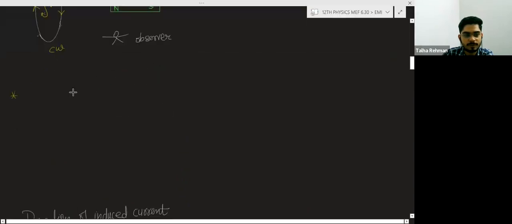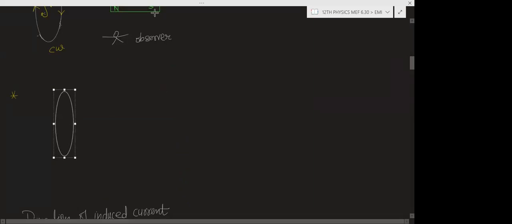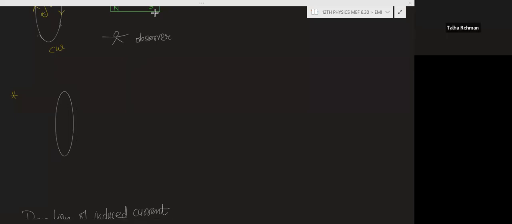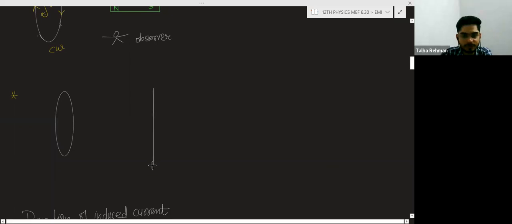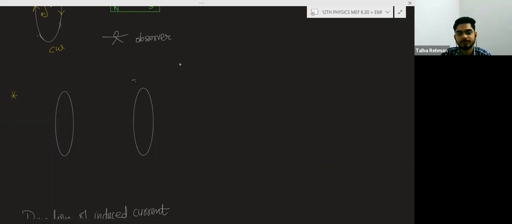Please focus. This is one coil and this is another coil. This is one coil, this is another coil, and this is your magnet.